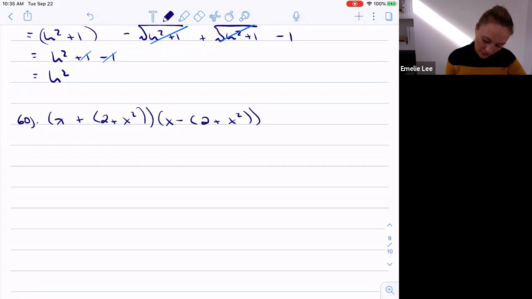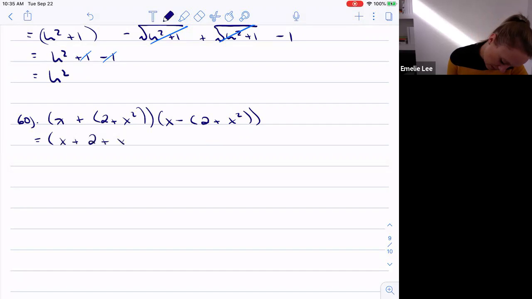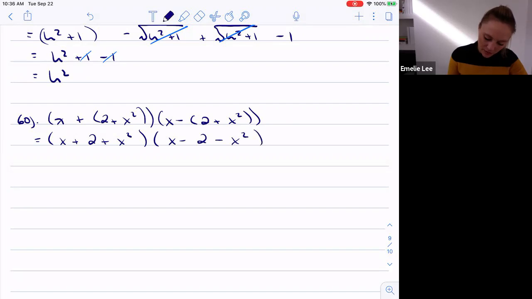Okay, so because I'm just adding and have these brackets around here, these brackets aren't actually doing anything except that the negative has to get brought inside on the second polynomial. So what I've got is x plus 2 plus x squared times x minus 2 minus x squared, being really careful about bringing that negative onto both of the terms.